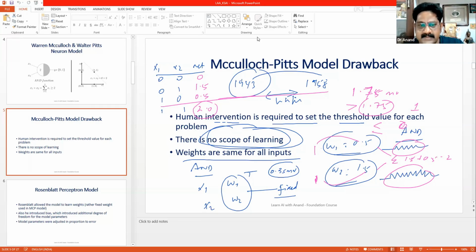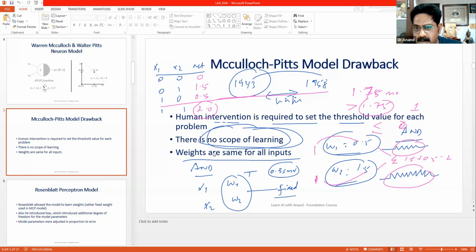My target for OR logic is that only for the 0, 0 pattern my output is 0, and for the rest of the patterns I should get 1. If I proceed with the same set of weights, this threshold will fail to demonstrate OR logic, isn't it?